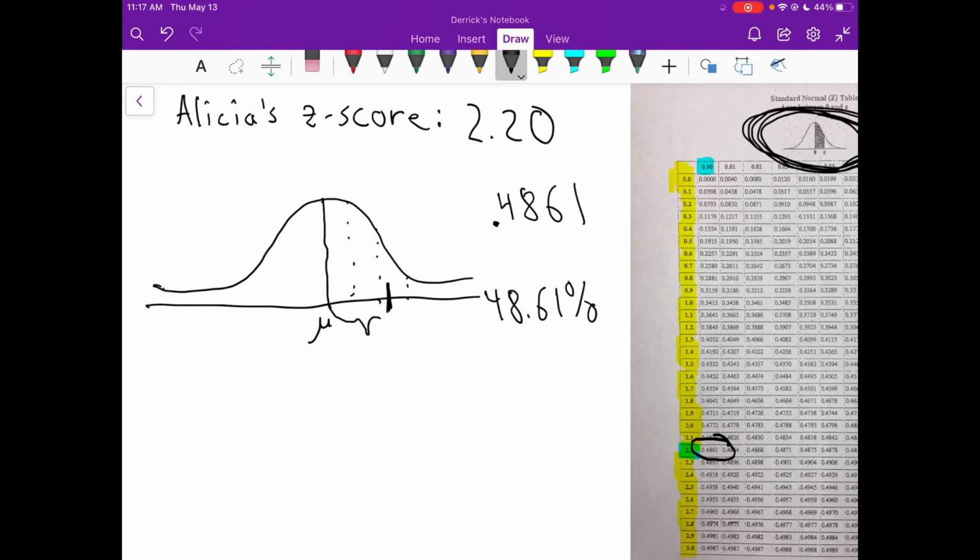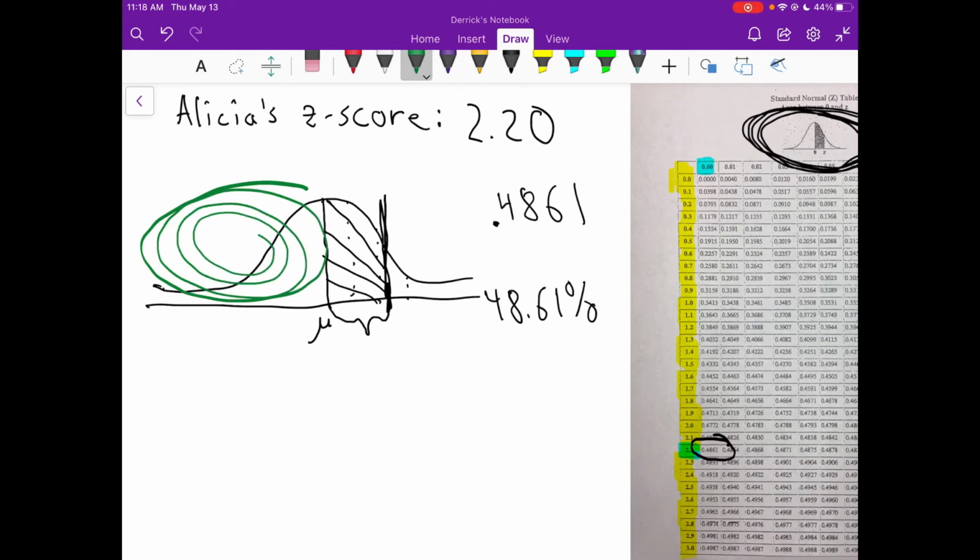It's just this portion right here that is being shown. Well, if you think about that, Alicia didn't just score better than the tests that were in between here. She also scored better than this entire bottom half. Everyone who scored below the mean, below the average, she also scored better than all of those.